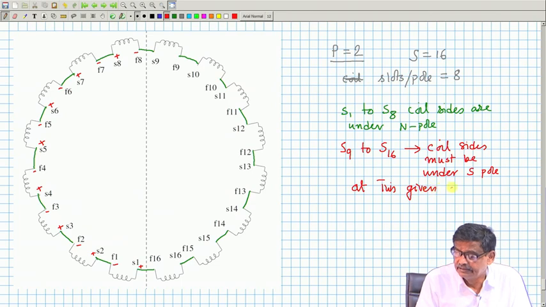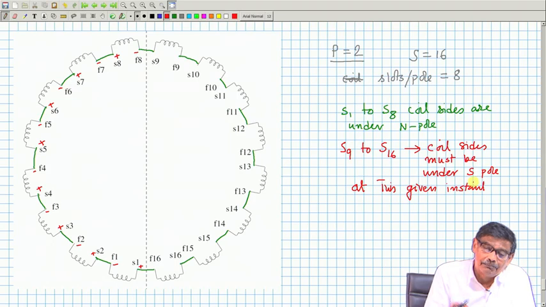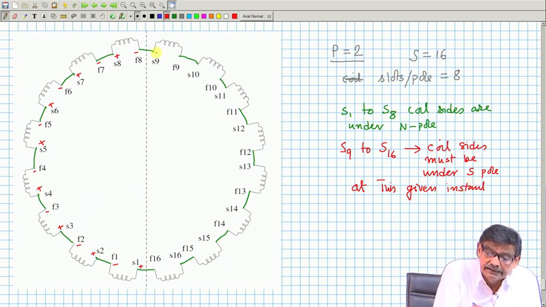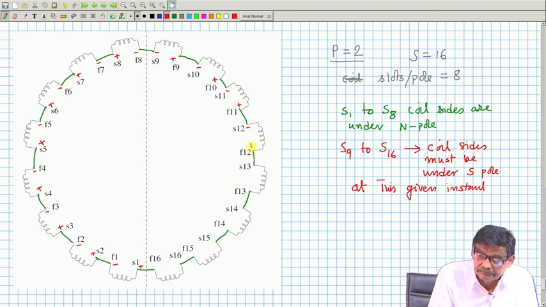See, coils are moving, but on average 8 coils will be under the north pole, S1, S2 and so on. Therefore, S9 to S16 will have opposite polarity. It will be like this.